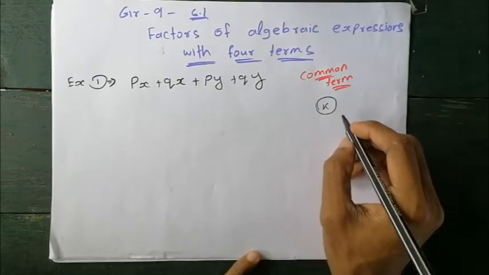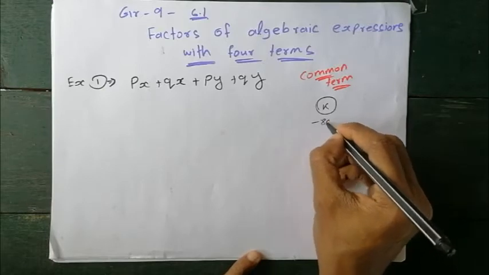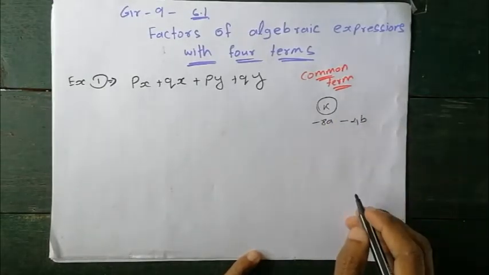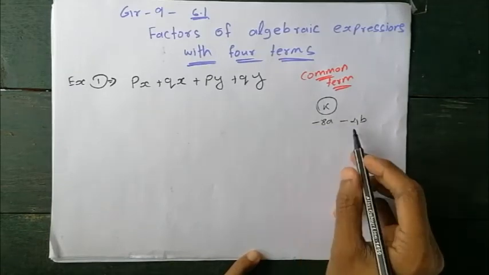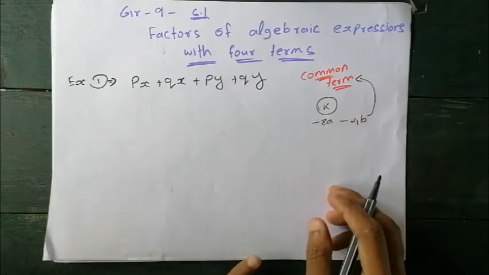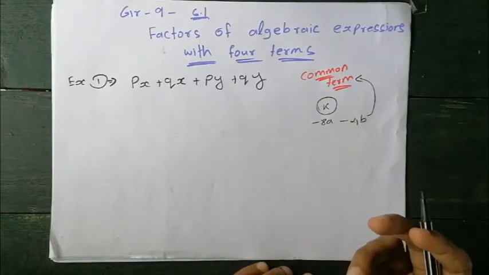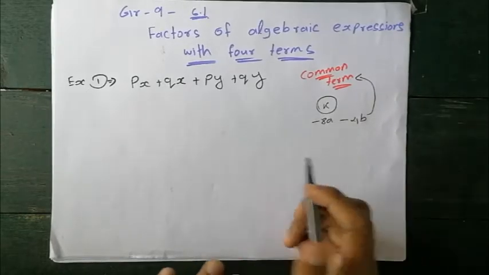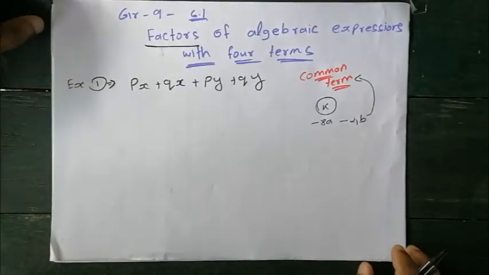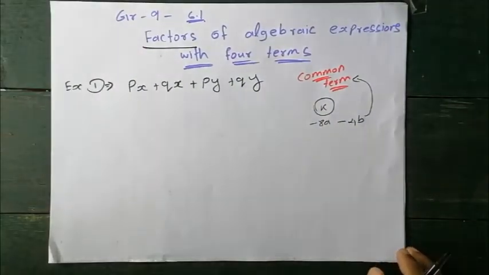The question on the review exercise: minus 8a minus 4b. From the given 2 terms, you have some common term. That common term, in other words, we can say factor. That is what we discussed in the earlier videos.